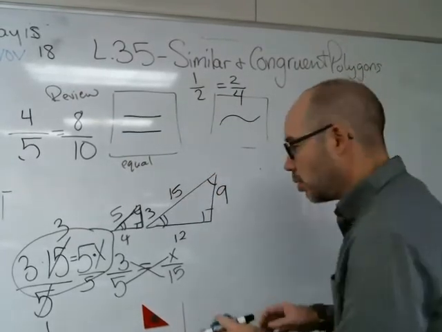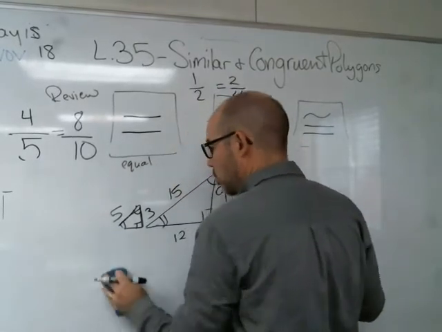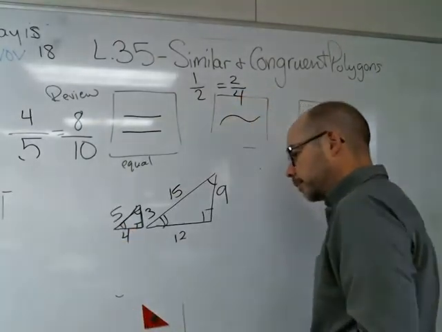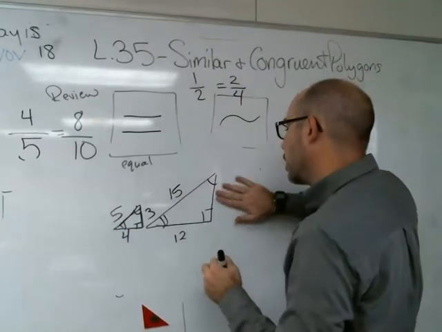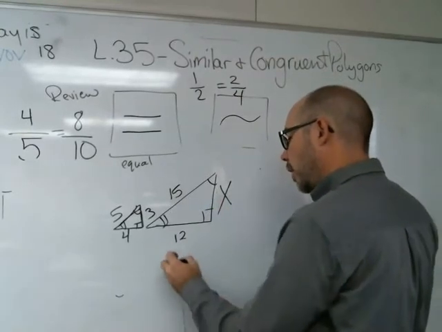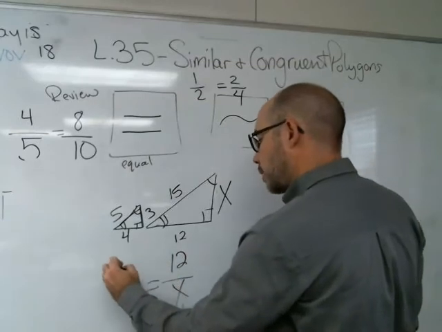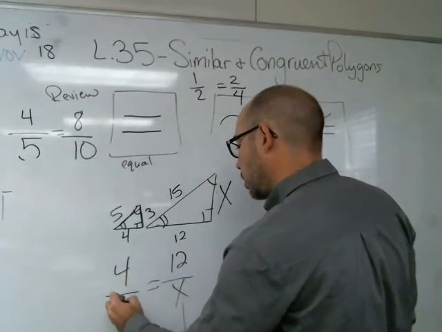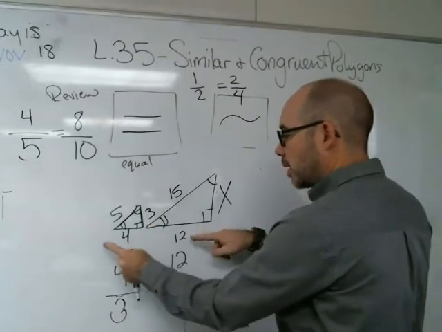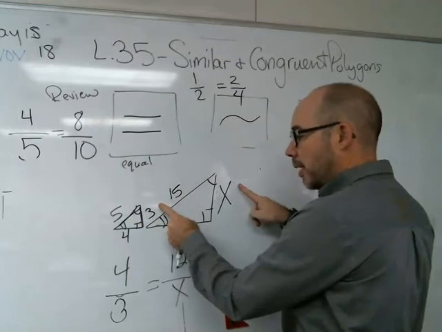I could have also picked different sides. Your job is just to pick two corresponding sides that'll help you solve the problem. I could have gone over here and said, I don't know what that side is, but I know that 12 is to x as 4 is to 3. I'm taking the same things here and corresponding them.